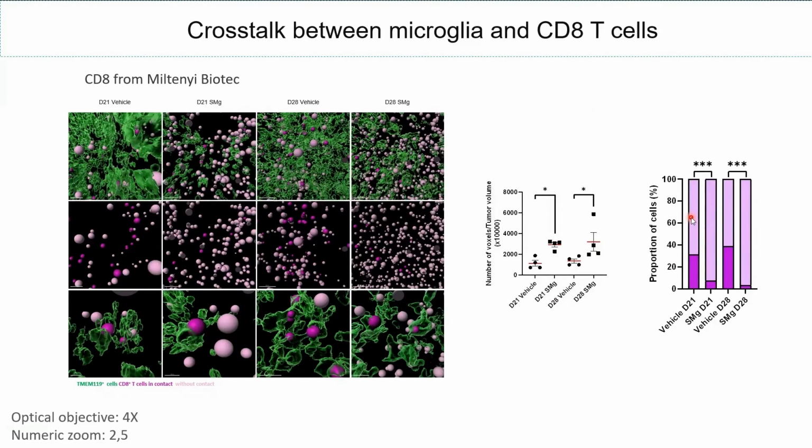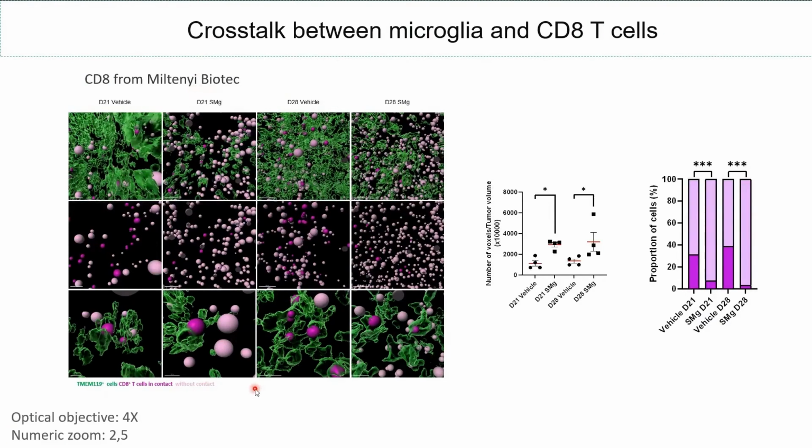So then we also wanted to know if there could be a crosstalk with the CD8 T cells, because the mass cytometry results highlighted that we have an increase in the CD8 subset. And so we performed enrollment of both TMEM positive cells and CD8 T cells at 2 different times after treatment.